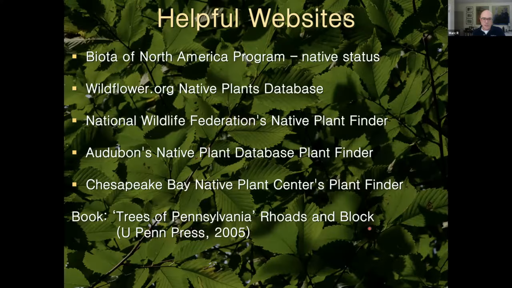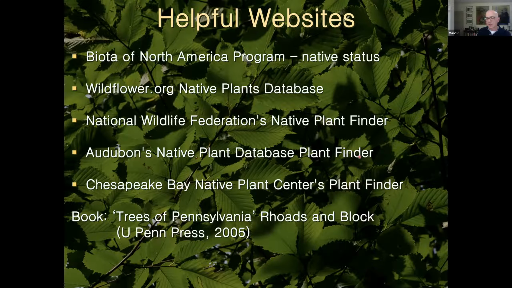So here are some helpful websites to find the native status: the Biota of North America, BONAP. This is the Lady Bird Johnson one. They have a database where you can search by county and some plant attributes. Really easy ones are the Audubon Society and the National Wildlife Federation, also Chesapeake Bay, because they specify if it applies to the Piedmont. A lot of those trees grow in our area too, even if we're not in the Chesapeake Bay.